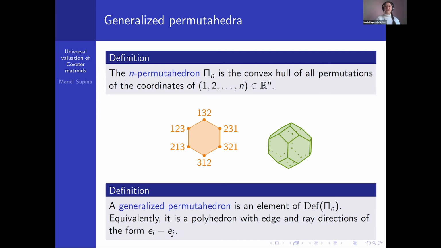The vertices will be the permutations again. So we say a generalized permutahedron is a deformation of the permutahedron. An alternative way to say this is that it's a polyhedron with its edge and ray directions of the form e_i minus e_j, where these are standard basis vectors. It's not immediately obvious that those would be the same thing, but it turns out that they are.